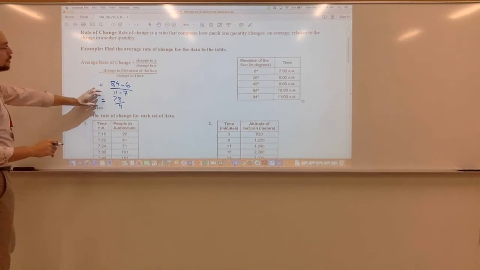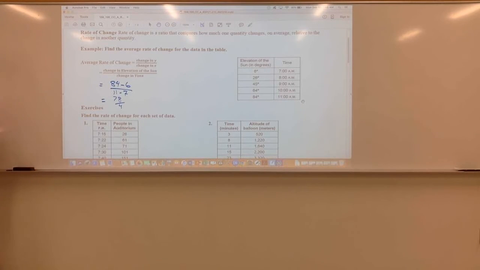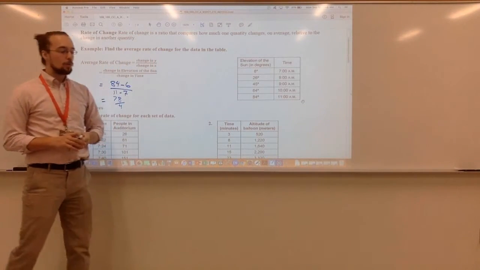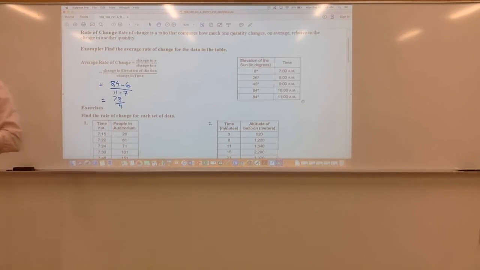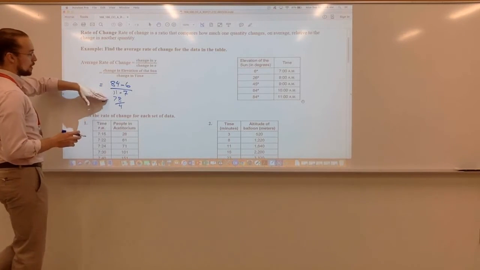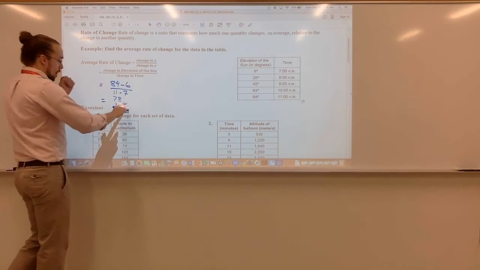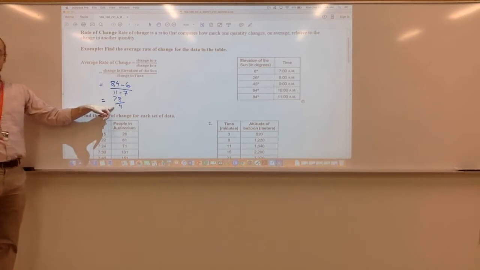So this is our rate of change. If we're talking about something in a real life situation, we're probably interested in how much this is changing per hour. We're not going to say it changes 78 degrees every 4 hours. It might make a little bit more sense to actually divide this.